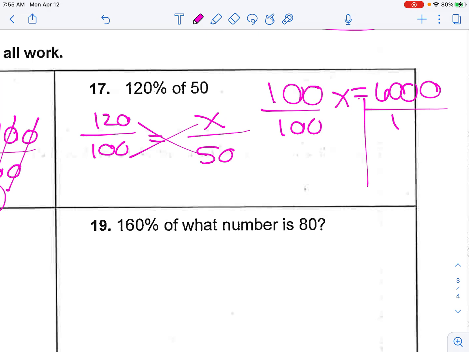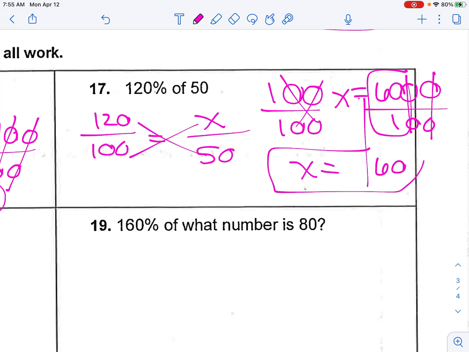Draw your mirror. Divide by 100. Hundreds cancel over here. Cancel a 0 pair. Cancel another 0 pair. 60 divided by 1 is 60. Now that makes sense, right?